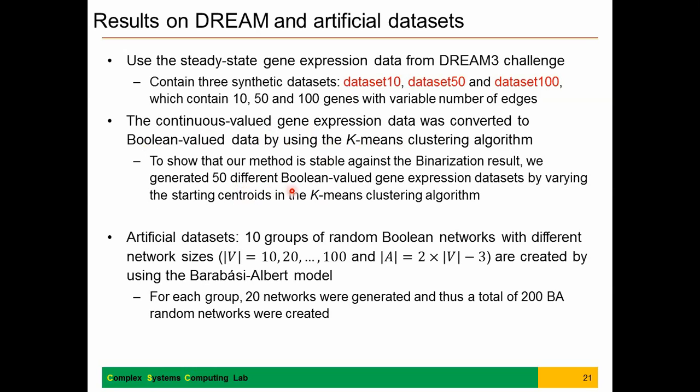And to show that our method is stable, we generated 50 different Boolean datasets by changing the sample in the K-means. About the artificial dataset, we make a group of random Boolean networks with different network sizes, for example 10, 20, and 100 nodes, by using the BA model. For each size, 20 networks were generated and a total of 200 BA random networks were created.